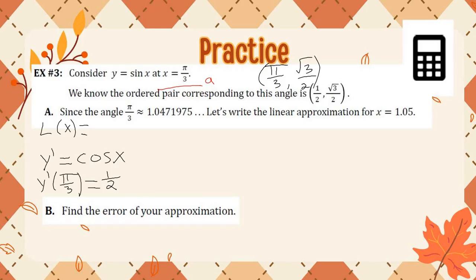So then what's our approximation? L of x equals 1/2 times x minus... We're all okay with how we got that.